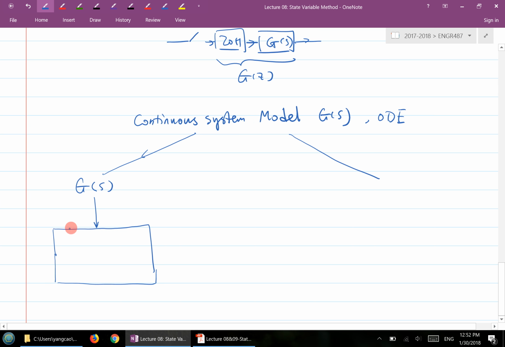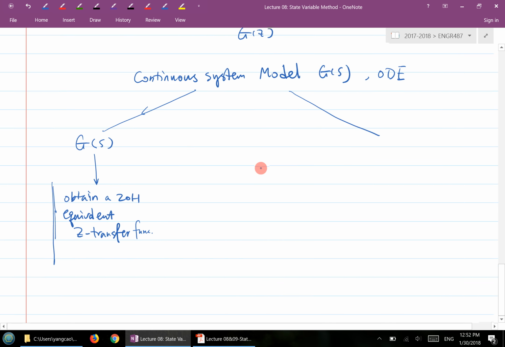So basically, this portion here, we obtain a zero order hold equivalent Z transfer function, G of Z. Maybe I'll make this box a little bit bigger.